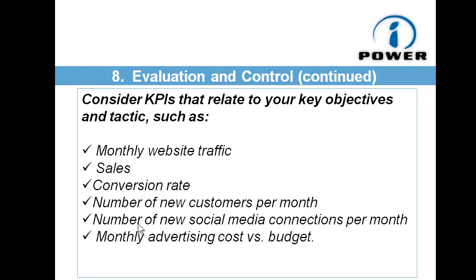Are you being active on social media? You might, for example, want to have 100 new social media connections every single month. And another example, monthly advertising costs. You know that you budgeted maybe $2,500 per month, and you need to make sure that you are actually spending according to your budget plan.